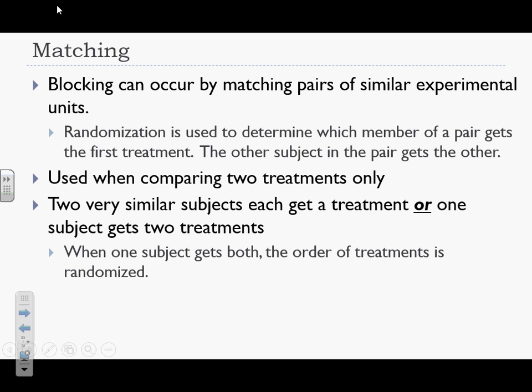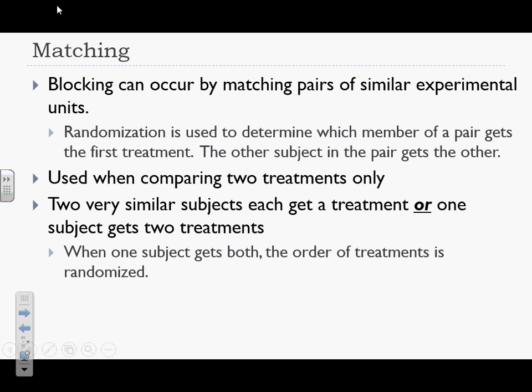So if I have 300 subjects and I'm going to use a matched pairs design, I'm either going to take those 300 people and put them into 150 pairs of similar individuals, and then for each pair, randomly assign one to group A and one to group B, or I'm going to use this second method.